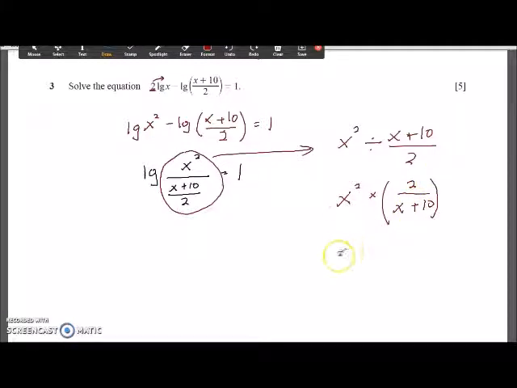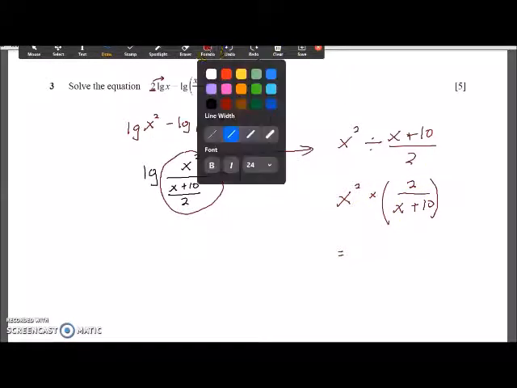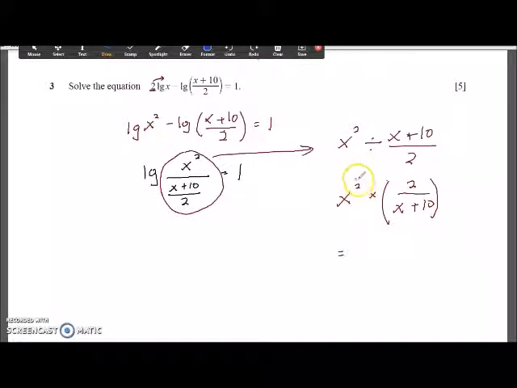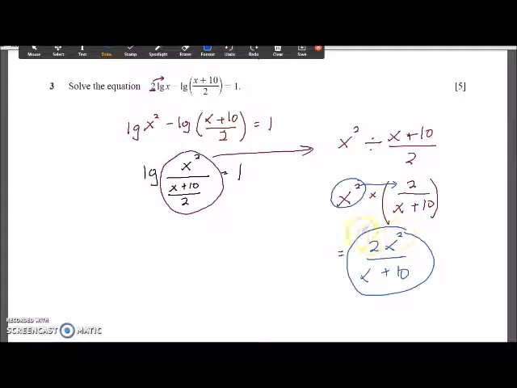Now your answer will be, this x square will multiply 2 and it becomes 2x square over x plus 10. So this is the working that will be replaced over here.